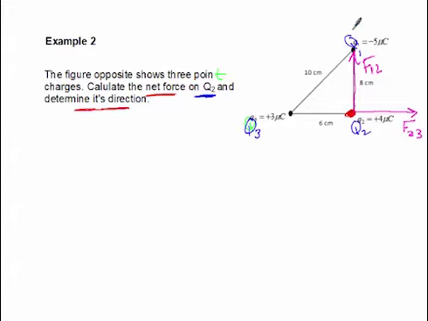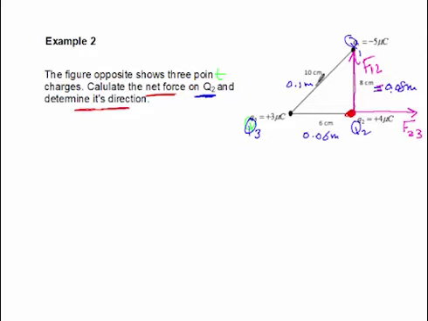Now we have to calculate each force separately as we did in the example before. But before going, we have to convert our units as we mentioned. This is 8 centimeter, so 8 divided by 100 gives us 0.08 meter, SI unit. This will give us 0.06 meter. This will give us 0.1 meter.